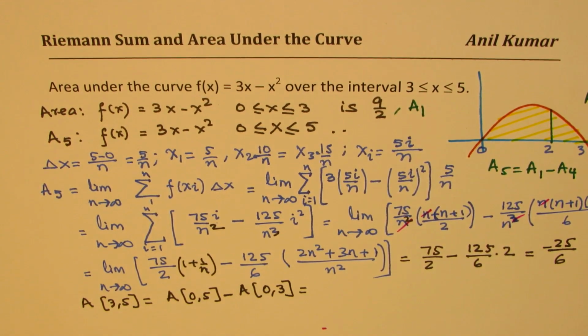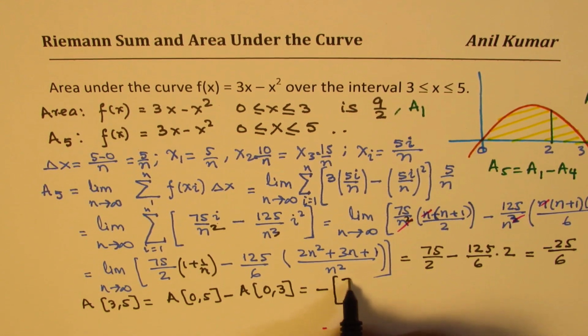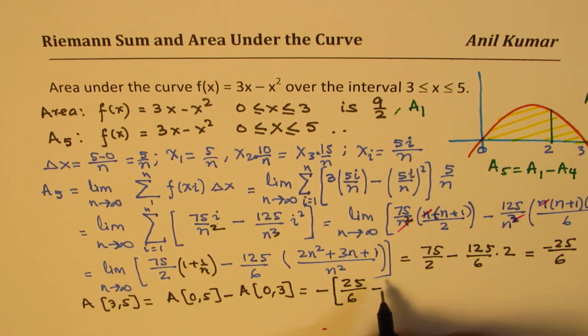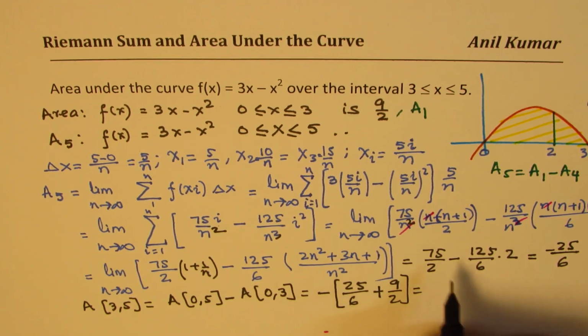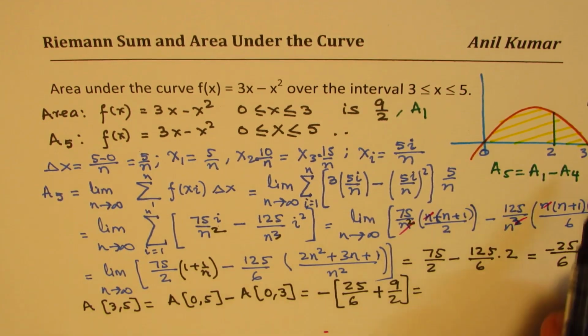So we should do that. Let's write negative outside. So we'll do 25 over 6 minus 9 over 2. Also, negative of, you have to add them up within the brackets, right? So then you get this area, which is the area of the portion between 3 to 5, right?